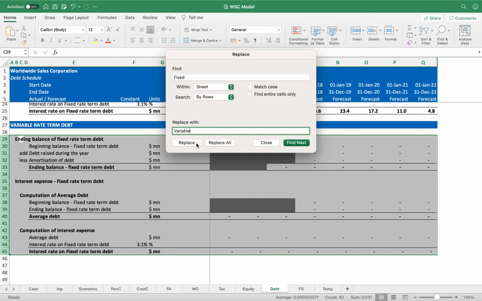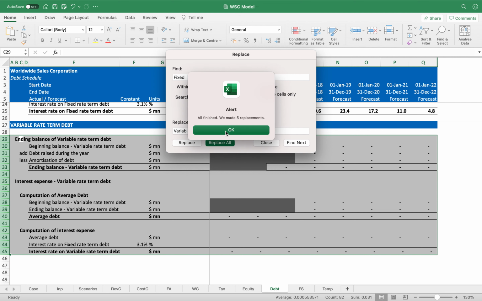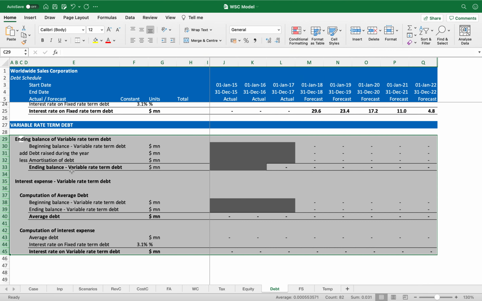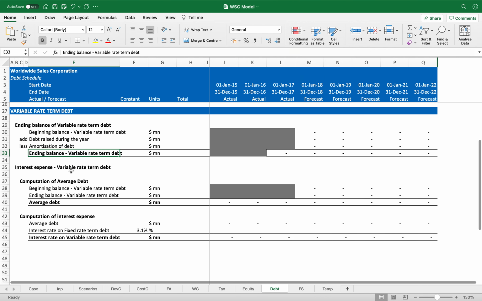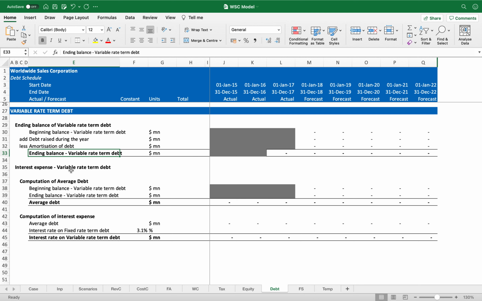Okay, so you will notice that wherever it was written fixed, it changes to variable, right? It will change on the things where you have a manual input. If you have linked something from the input sheet, that you have to change manually, like the interest rate, right? So we'll come back to it.